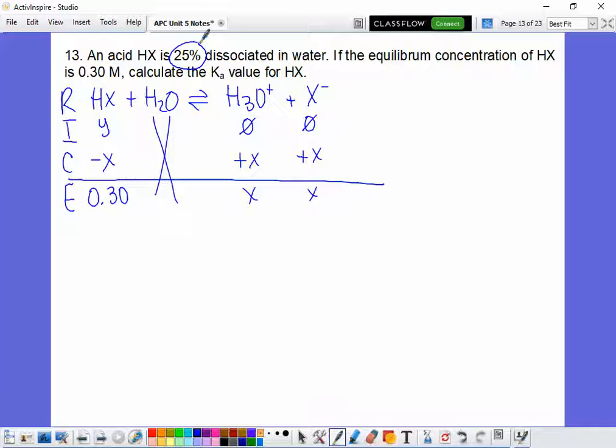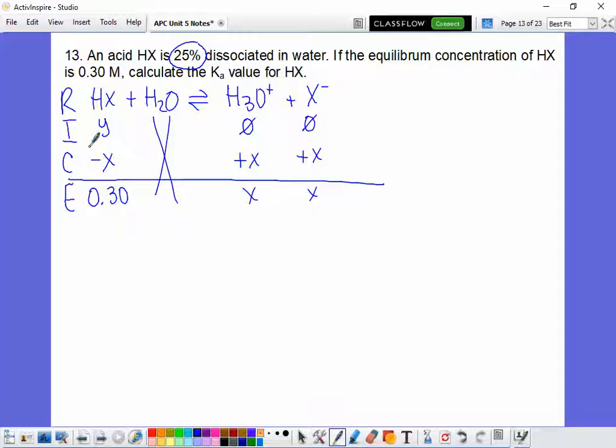Remember, it has to be less than 5% dissociation for it to be negligible. This is 25, 5 times that. So this minus X is a significant amount of the initial concentration.